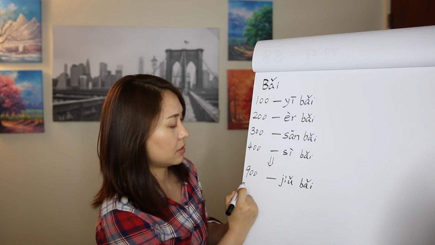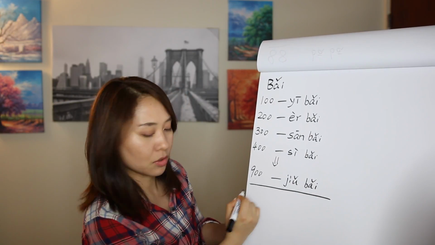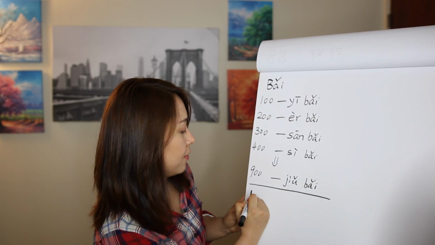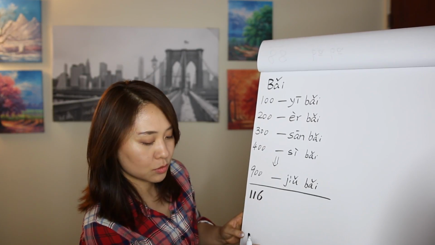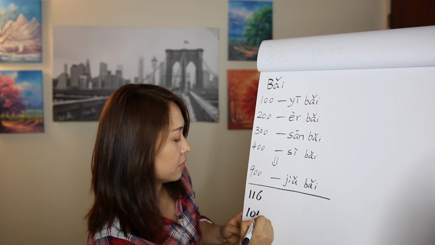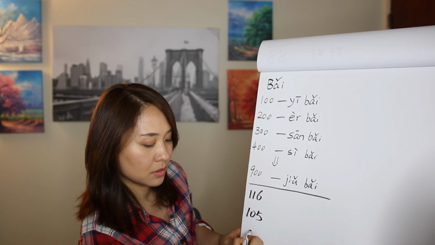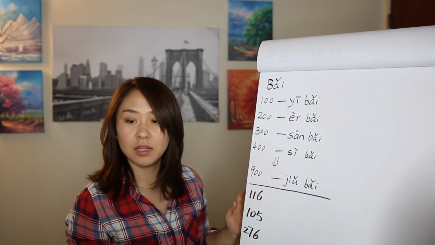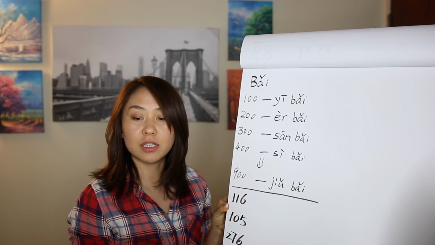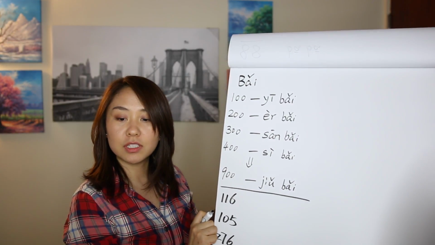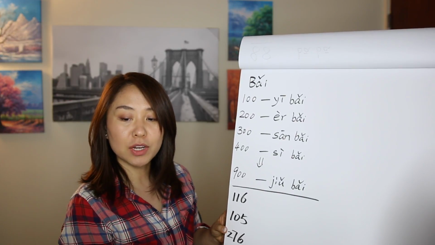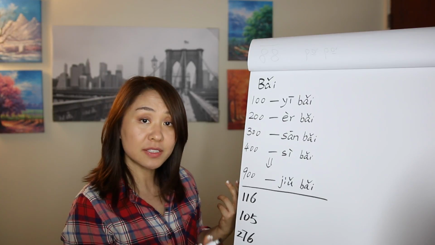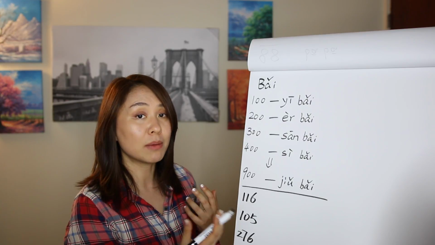What if you want to say these numbers? Let me list them down below. So we have 105, 276. What if you want to say these numbers? You basically just read one by one.